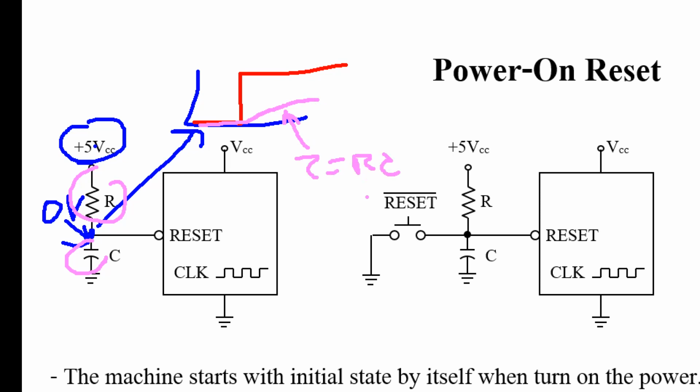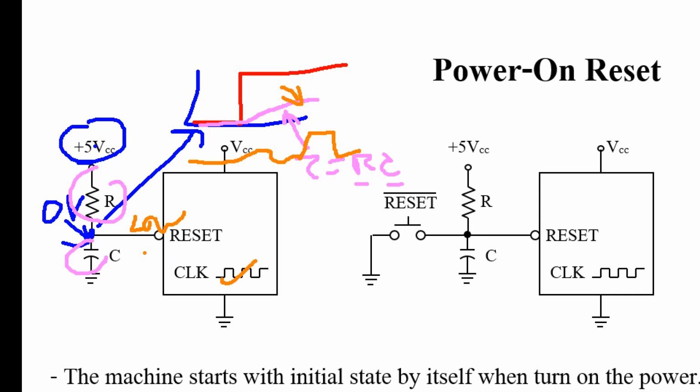If you select RC large enough, it's slow enough to make sure that when the clock ticks, the signal is still logic low.